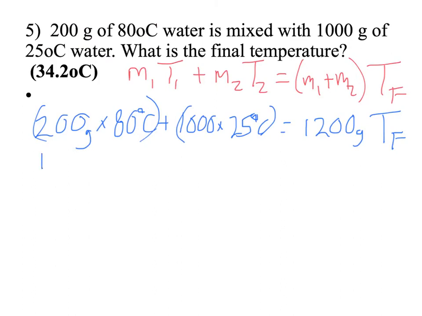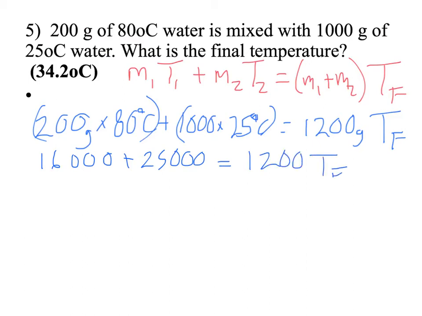When I multiply these out, I end up with 16,000 right here plus 25,000 is equal to 1,200 times our final temperature. I add these two together, 16,000 and 25,000. That's 41,000 is equal to 1,200 TF.